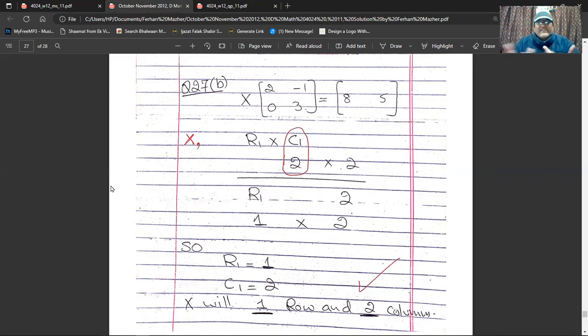This is called the multiplication test. And this is how we confirm whether two matrices can be multiplied with each other or not.